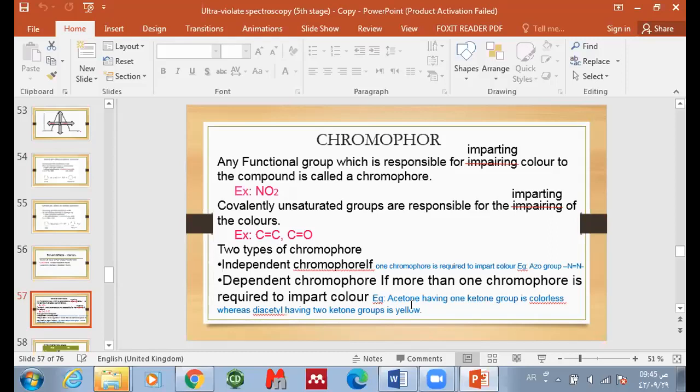For example, acetone is colorless. When we add diacetyl, it will change to color or yellow color.